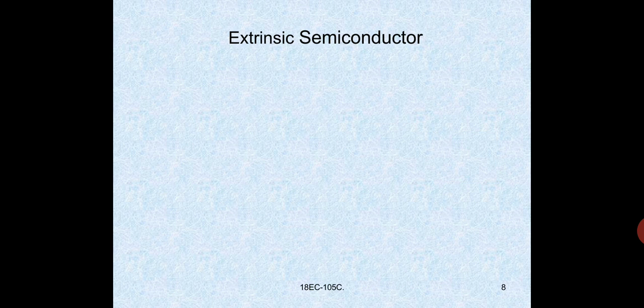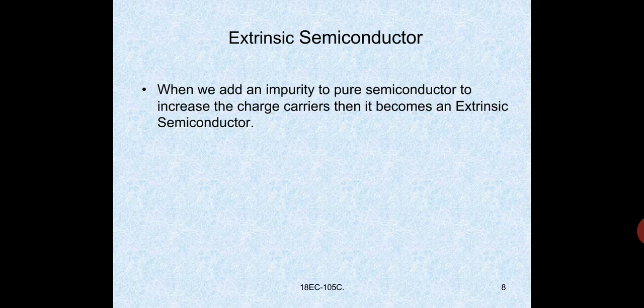Now let us see the Fermi level in an extrinsic semiconductor. When we add an impurity to a pure semiconductor to increase the charge carriers, then it becomes an extrinsic semiconductor.